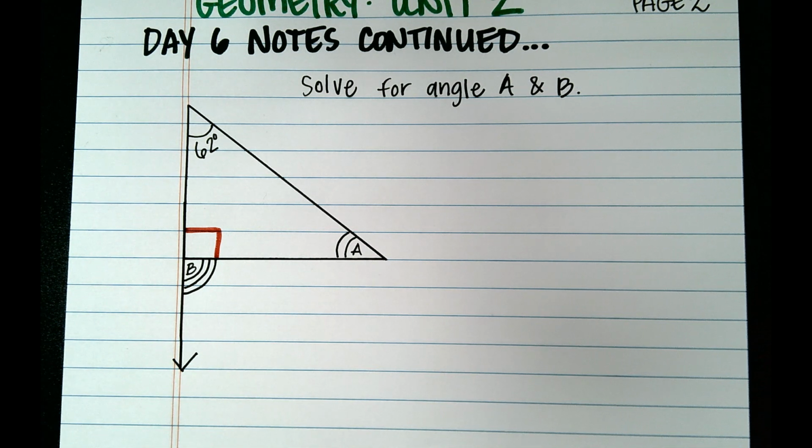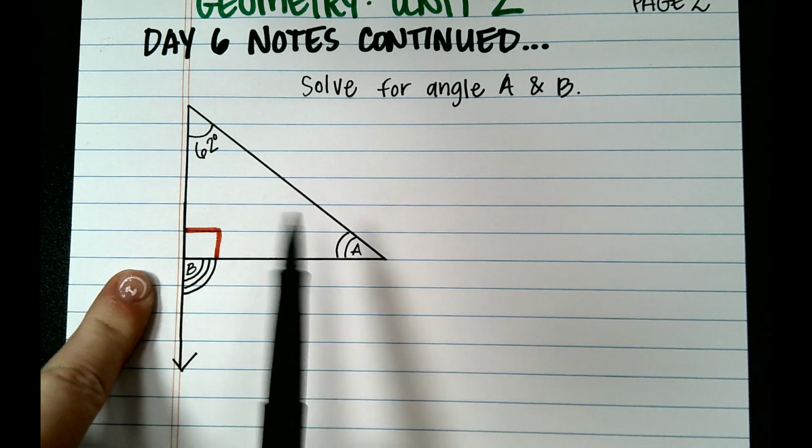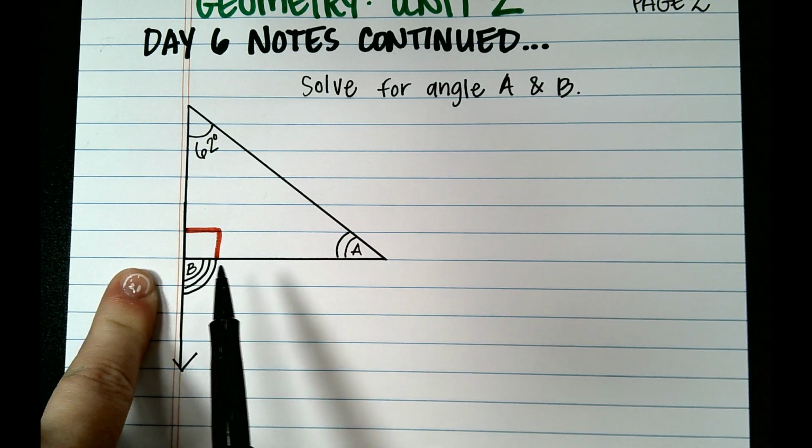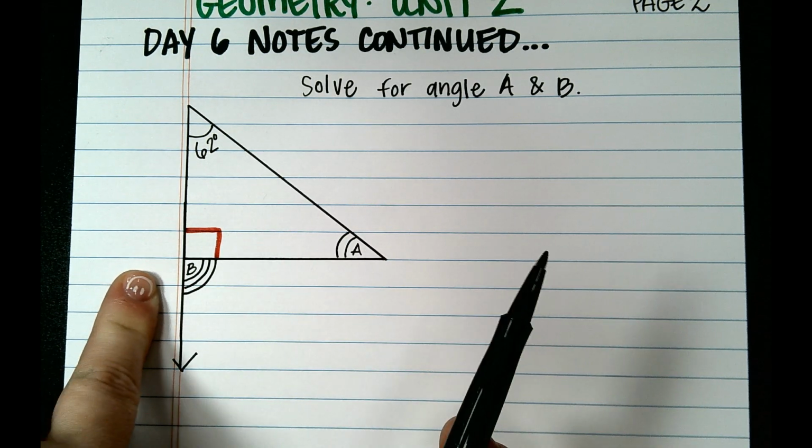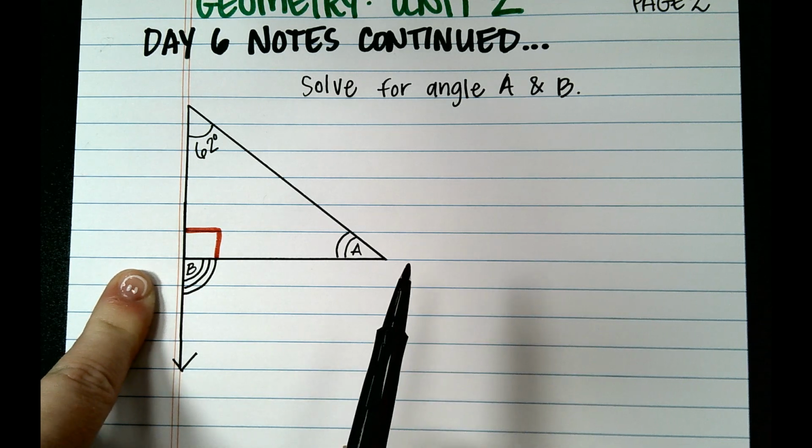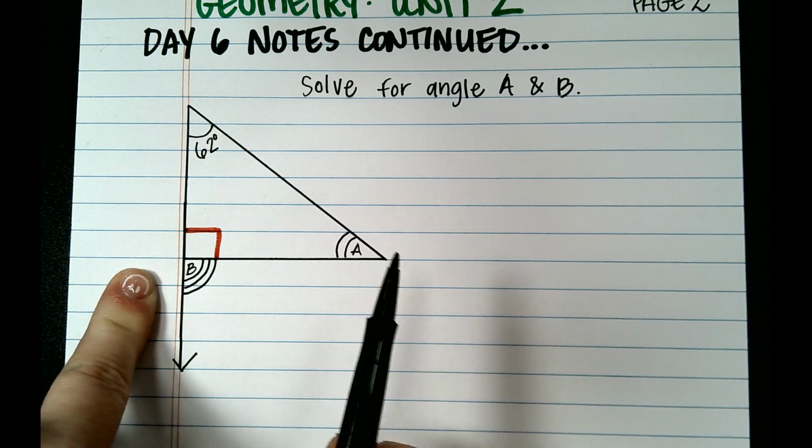It absolutely would be. Yes. So Joseph just said, would B not be 90 degrees? What do you think? It would be 90 degrees.